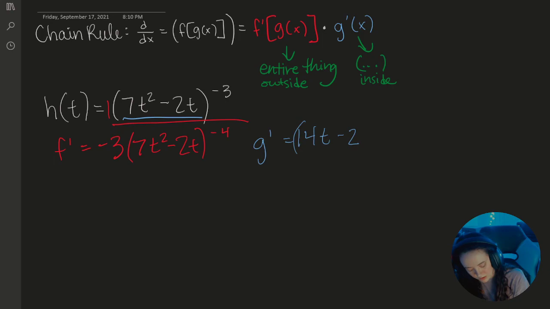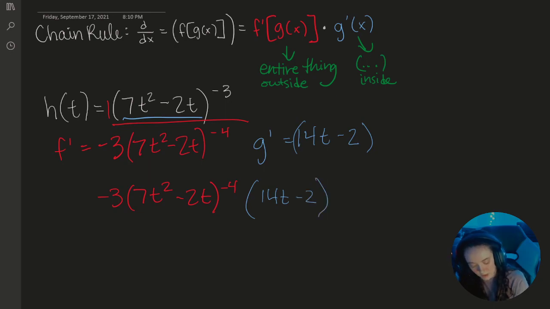Okay, so then we do the same thing we've been doing. And in this case, it would just be left alone because there is nothing to multiply. There's not another whole number. So it would just be negative 3, (7t squared minus 2t) to the negative 4 times (14t minus 2). And you could put parentheses around this entire thing. It really doesn't matter, I don't believe.